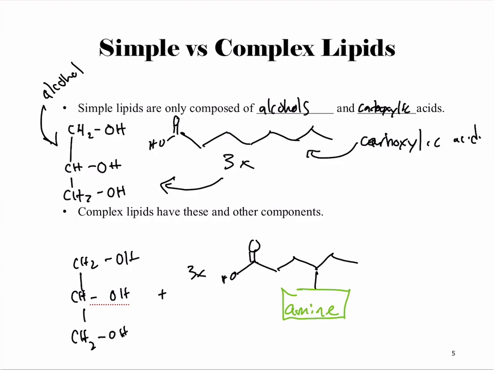So that changes what this whole side of the molecule could potentially look like. So I'm writing them in their individual parts. They haven't fully formed the triglyceride or the complex lipid yet. This is basically before we've condensed these molecules into a complex lipid.